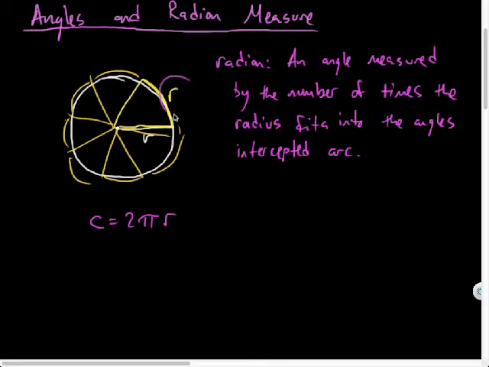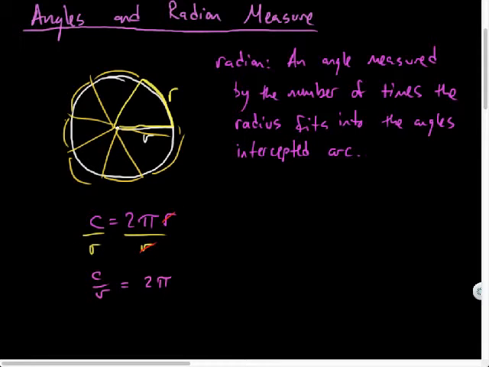Notice with this equation, if I divide both sides by the radius, c divided by r is the number of times the radius fits around a single circumference. And if I simplify this formula, I'll get c over r is equal to 2 pi, because these r's would cancel out.